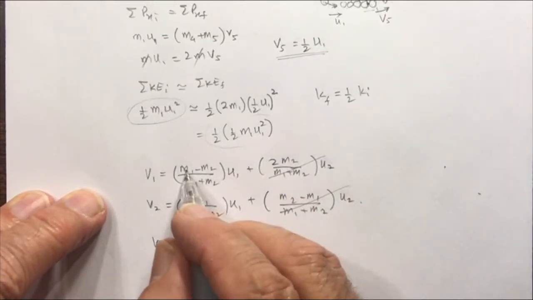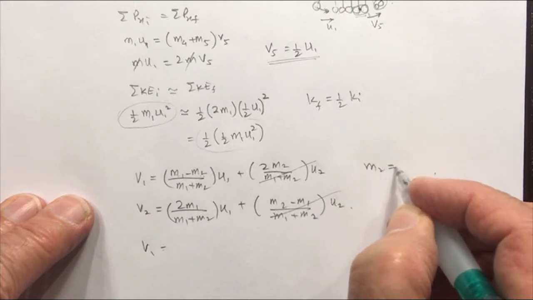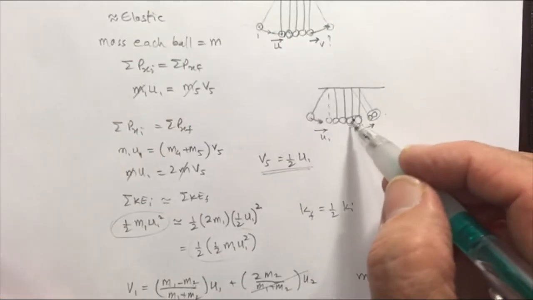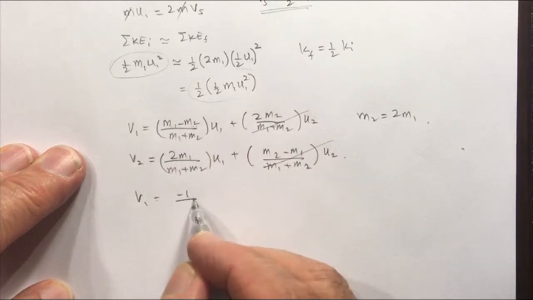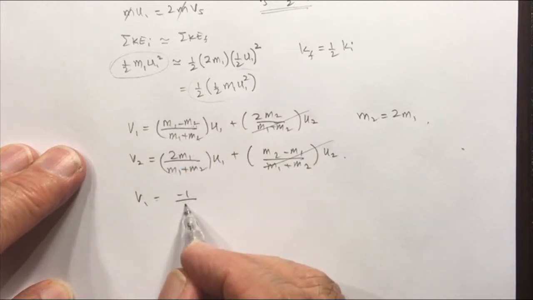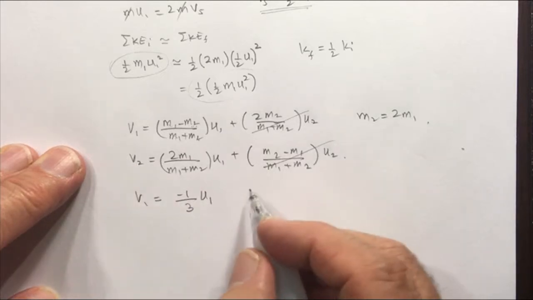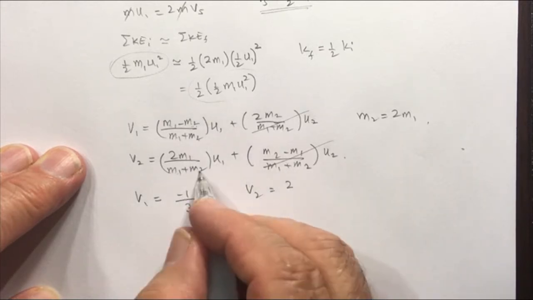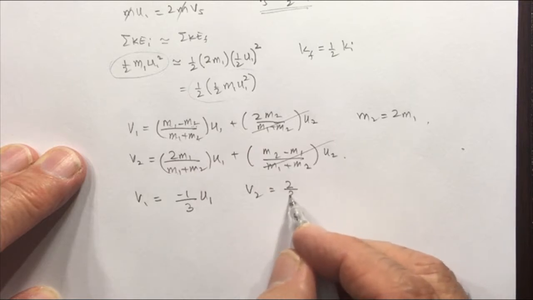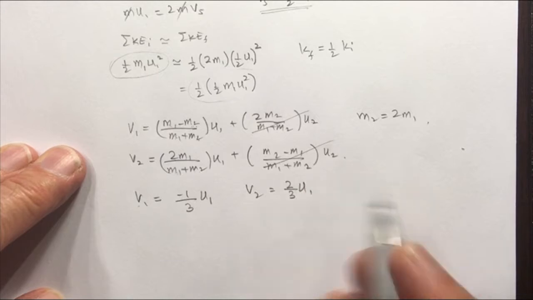So m2 is now balls 4 and 5, so m2 is going to be 2 of m1 because there are 2 of them. So v1 is 1 minus 2, so minus 1 over 1 plus 2, which is 3, times u1, and v2 is 2 times m1, that's 2, over 1 plus 2, which is 3, times u1. So we get v1 is minus 1/3 u1 and v2 is 2/3 u1.